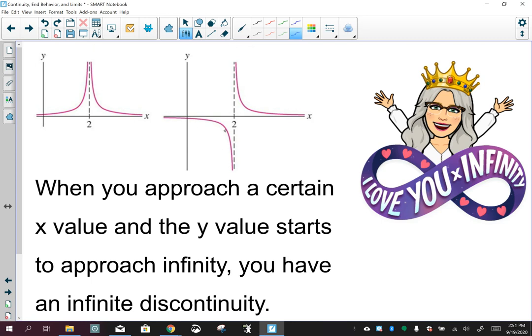Depending on which side you're coming from, you can either approach the same infinity value from both left and right, or you can approach two different infinity values, one going negative and one going positive. So it's absolutely 100% okay to have something that looks like this or something that looks like that. Okay?